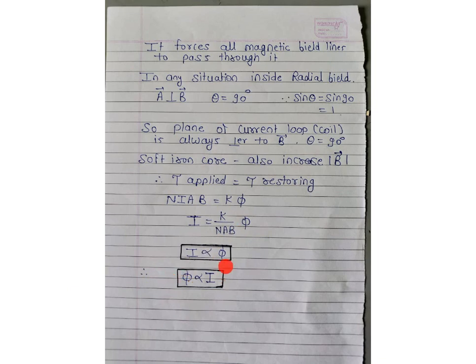Therefore, I is proportional to phi, and phi is proportional to I. That means, whenever the current increases, the deflection of the coil also increases.